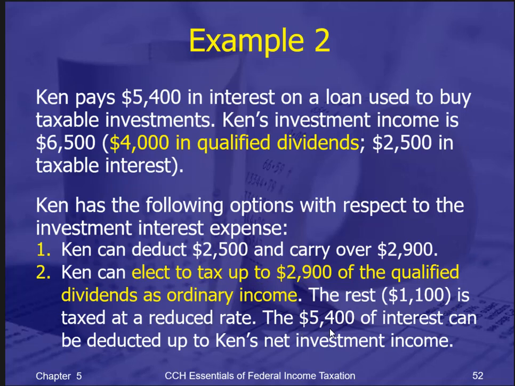The rest is taxable at the reduced rate, and the $5,400 of interest can all be deducted. So we treat the qualified dividends as interest. We don't get a lower tax rate, but then we get to deduct all of our investment interest.